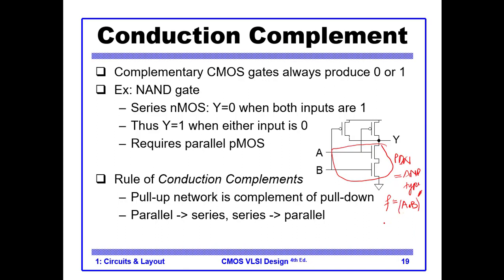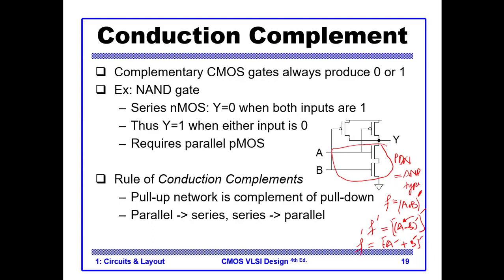Our F bar should be (A and B) whole bar, which means our F bar is A bar plus B bar if I apply this complement inside the whole bar.